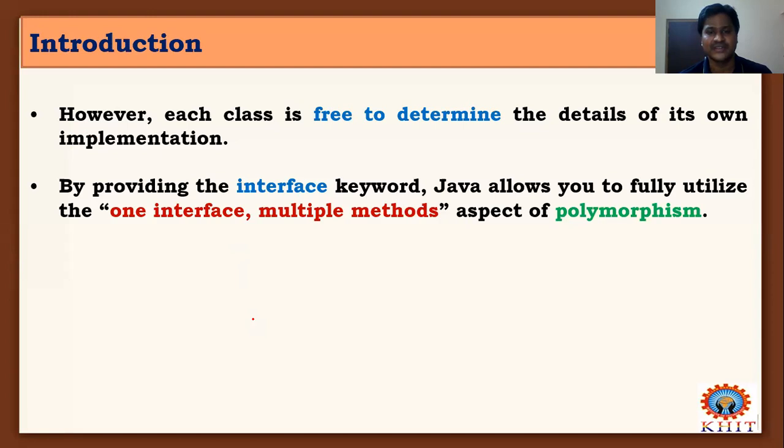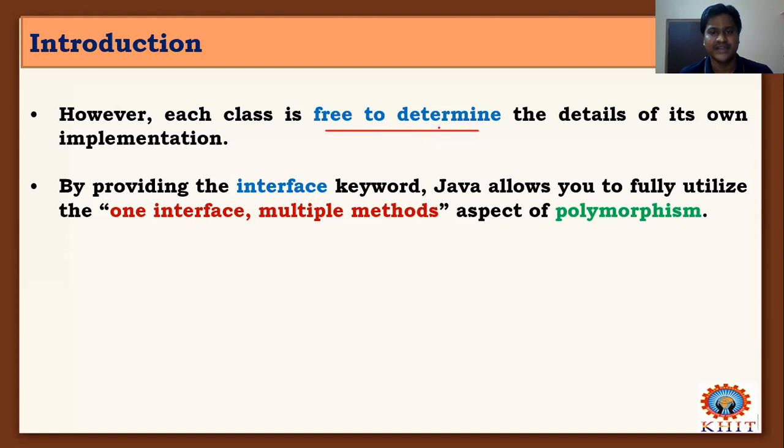But the condition here is that the classes are free to determine their own details. So classes can implement those methods on their own, with their own type of operations related to the method defined in the interface. That is the flexibility provided for the classes that are going to implement that interface.